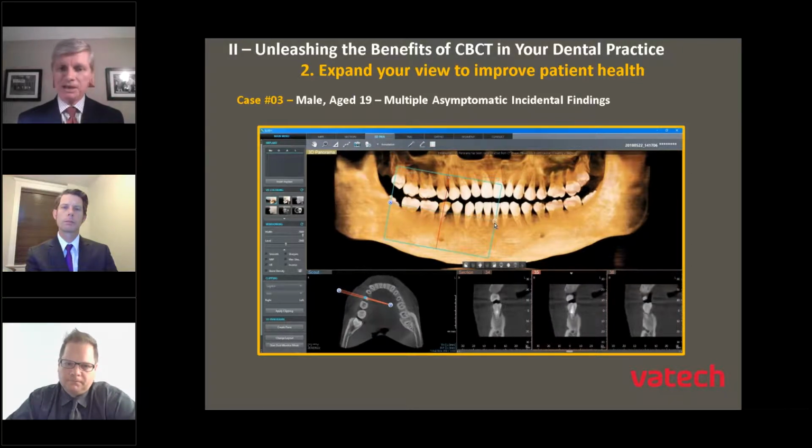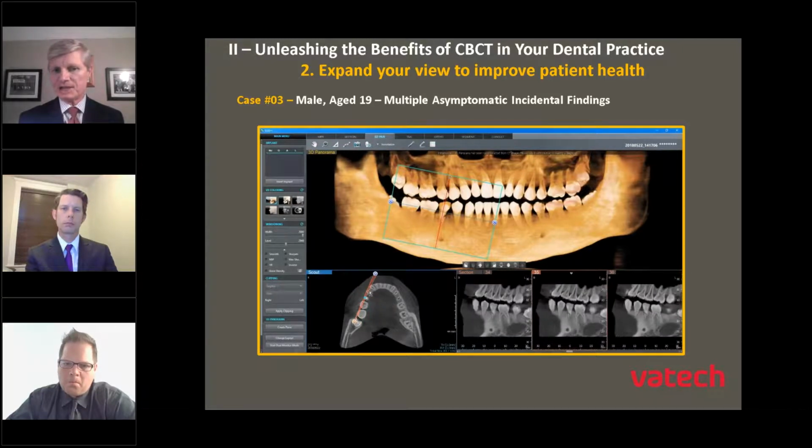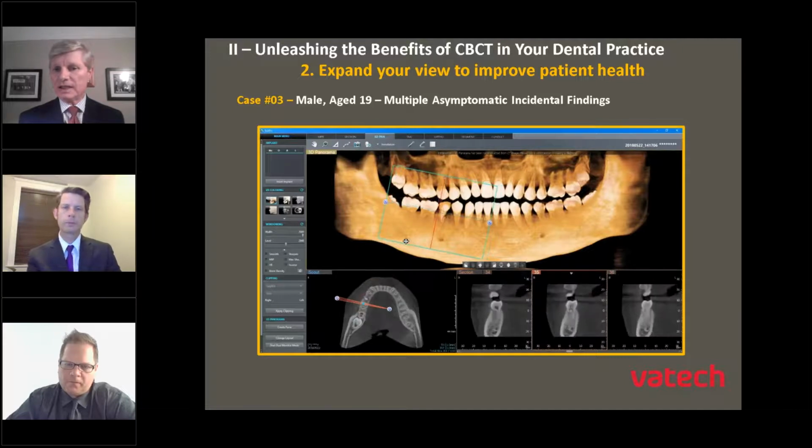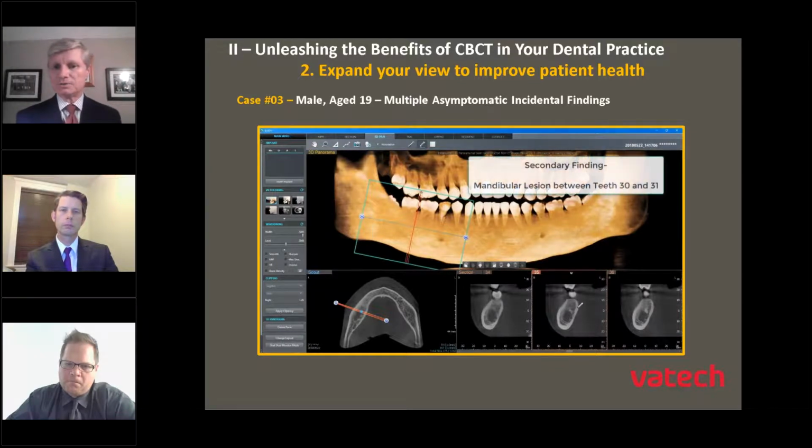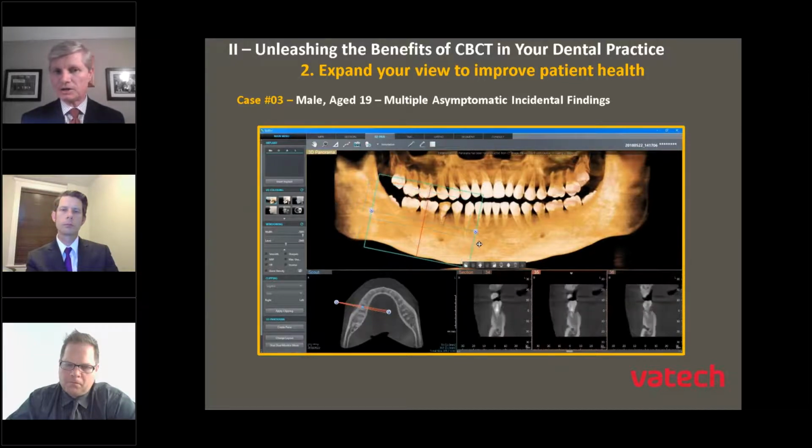When doing a PA image of this tooth, it may not have been nearly as evident as it is in our 3D scan, where, utilizing a tool similar to the oblique tool, I can rotate around that root 360 degrees and identify that fractured root within the anatomy itself. Using this tool, I was also able to identify what looked like a mandibular lesion between teeth numbers 30 and 31.